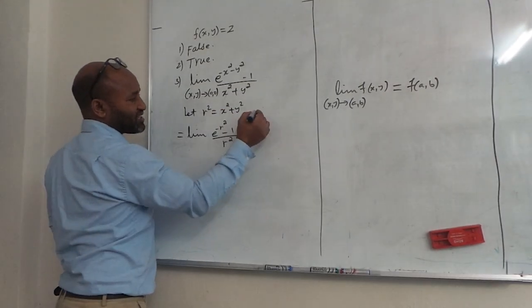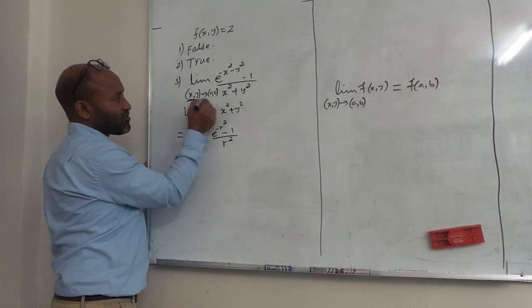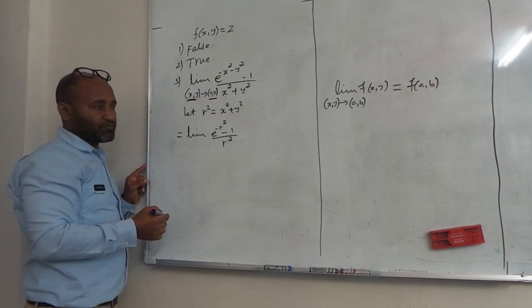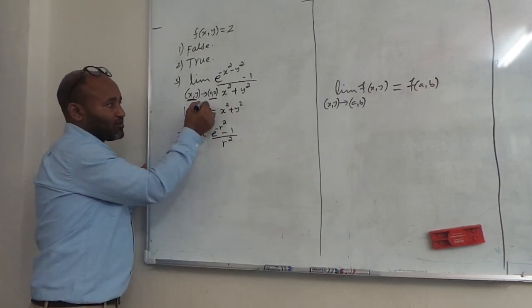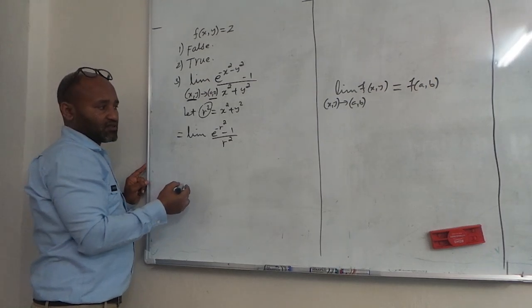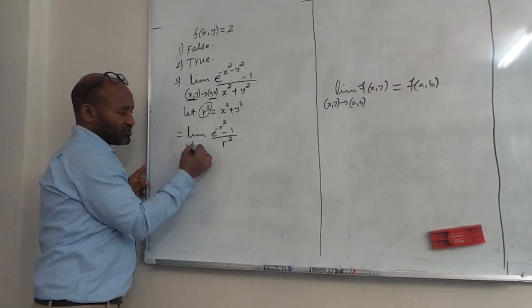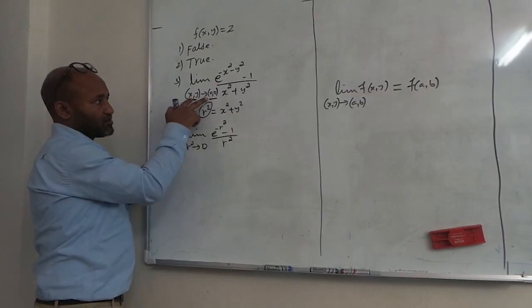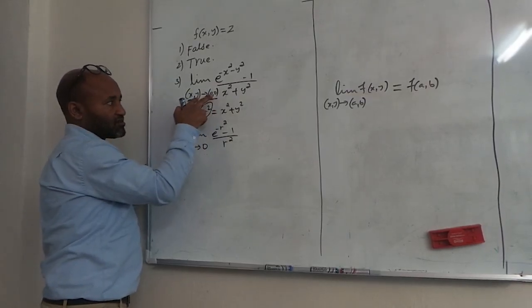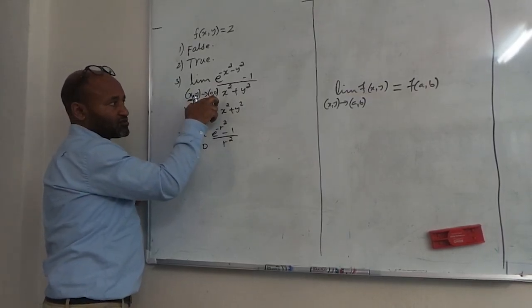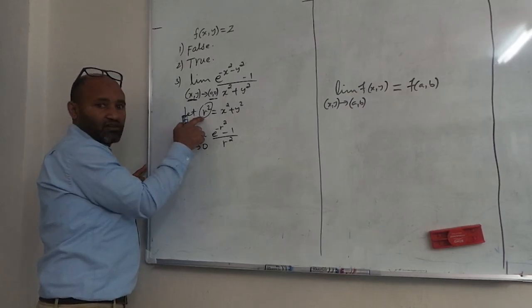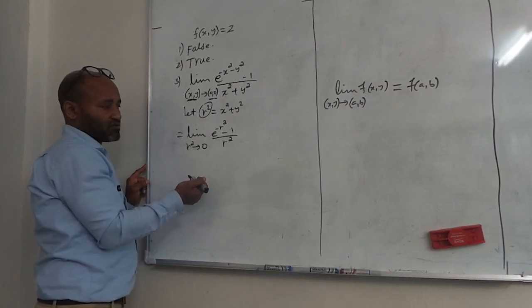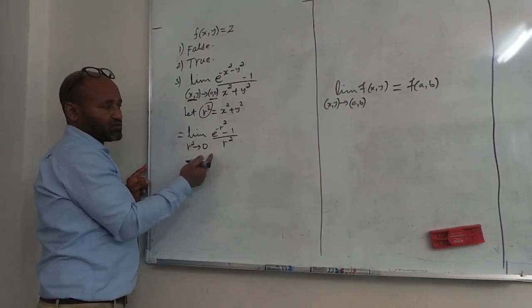Whenever x comma y goes to 0, 0, to what value does it go? R square goes to 0. X comma y goes to 0, 0. The point gets closer to the origin. The value of r gets closer to 0. So r square gets closer to 0.